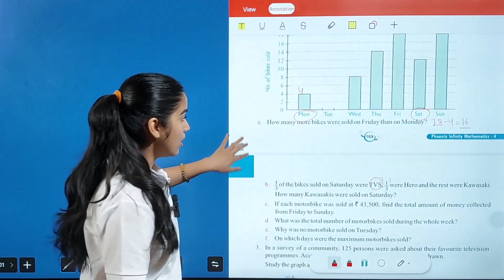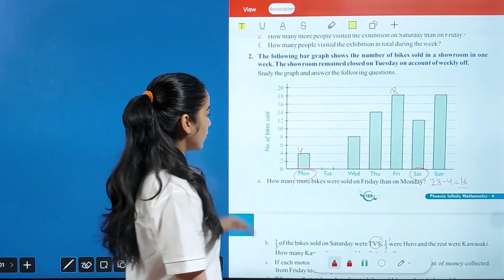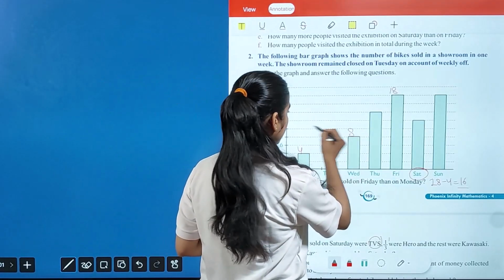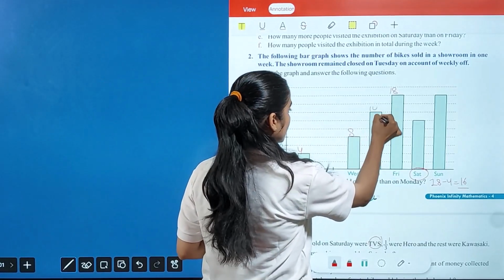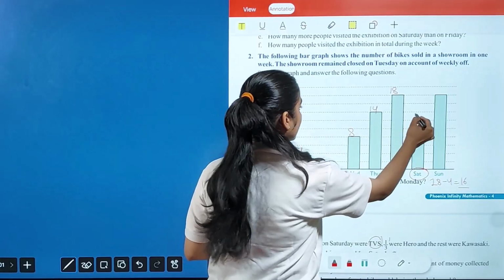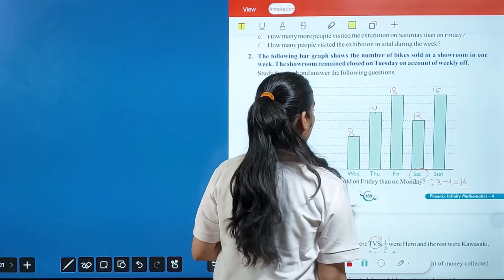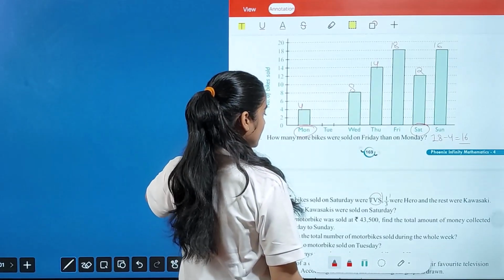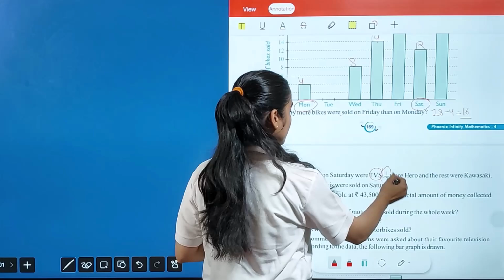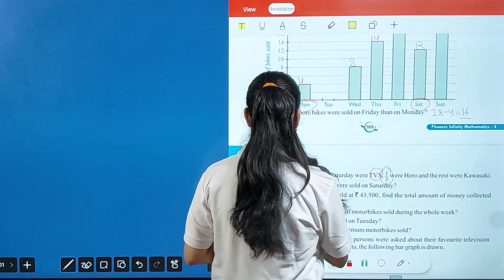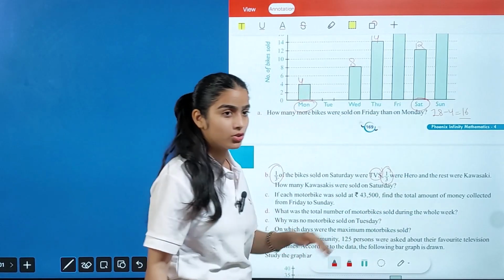First you have to get the total of all of it. So here we have 8, here we have 14, and in this we have 12, and Sunday we have 16. So you have to add these together, and then you have to subtract one third and one third of the bikes, and the rest you get is your Kawasaki.